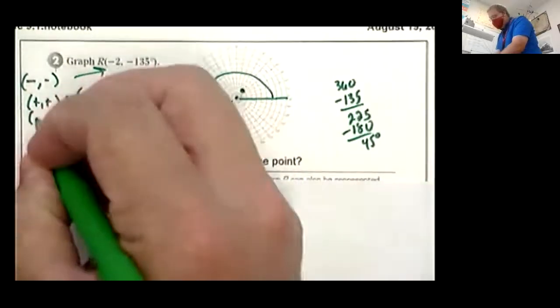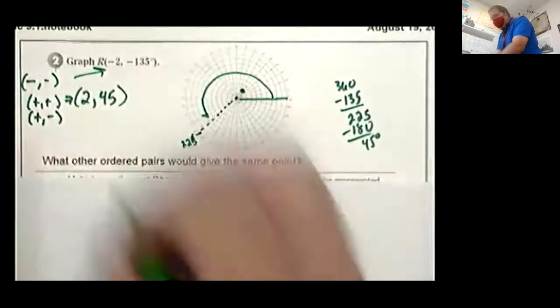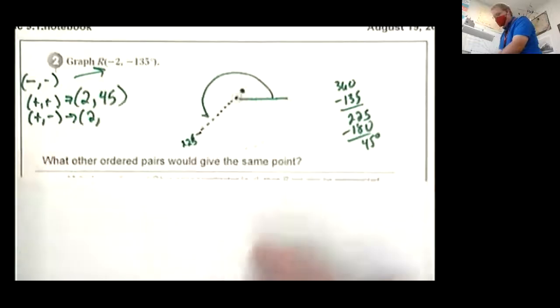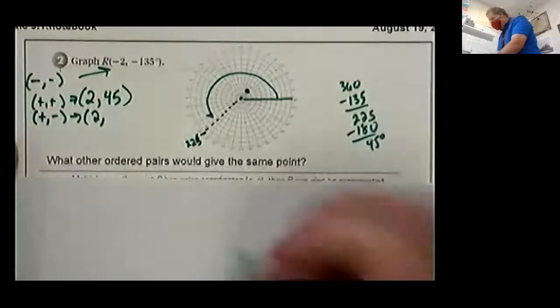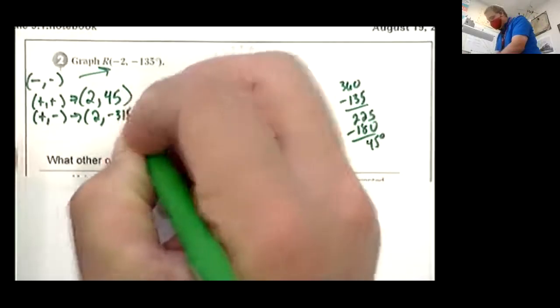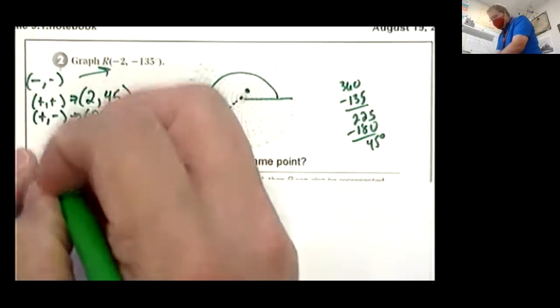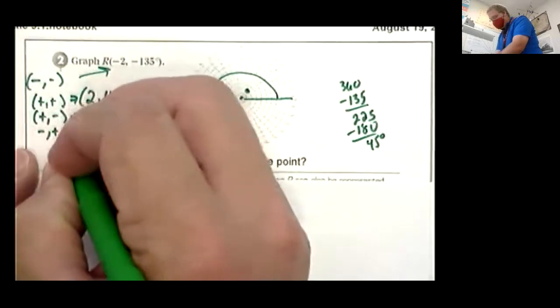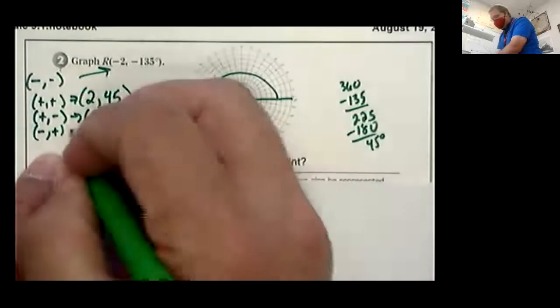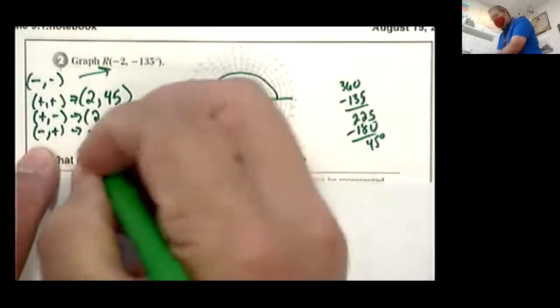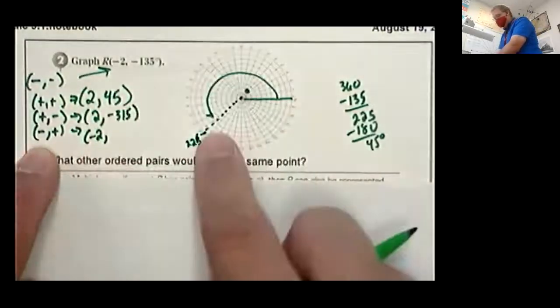We can do a positive radius and a negative angle. That's a 2. How do we get to the same 45? Well, that's going the other direction, and that's going to be -315. And then we can do a negative radius and a positive angle. How are we going to do that? Well, let's go with our negative radius. That's -2.